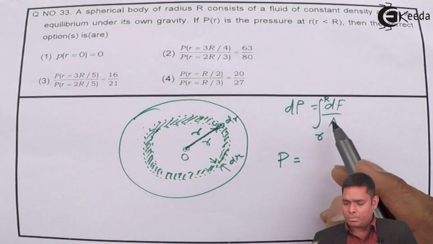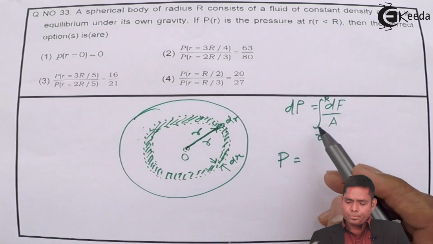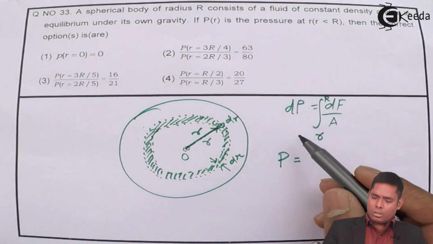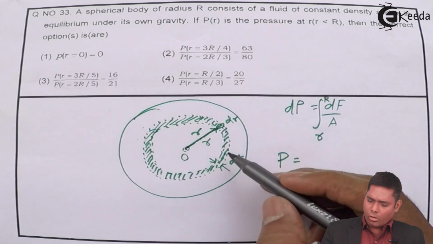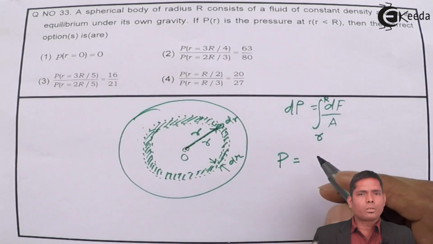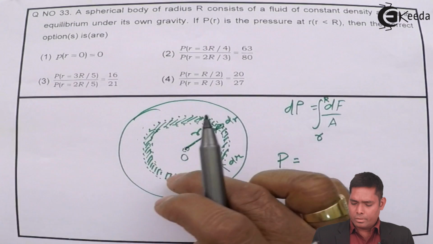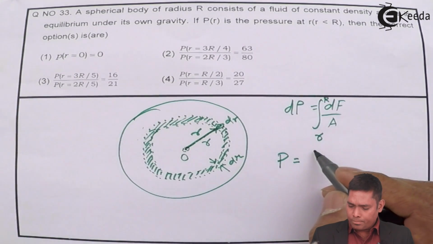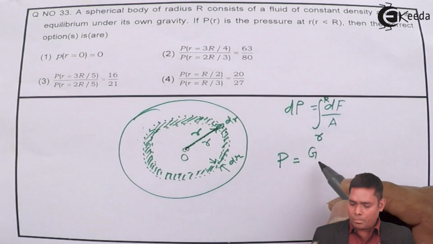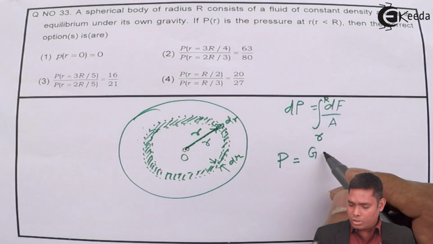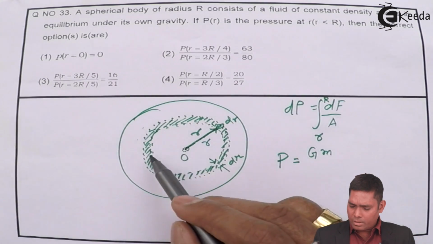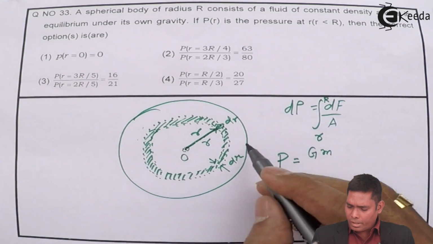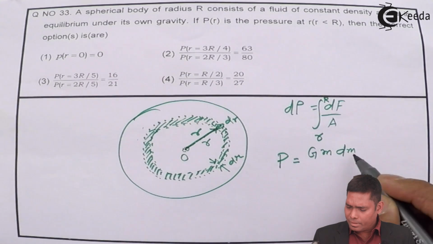This pressure as a function of r is dF upon the area. What is dF? It is the weight of this portion of the fluid, that is G M dm upon r square by Newton's law of gravitation, where M is this mass and dm is the mass of the element.